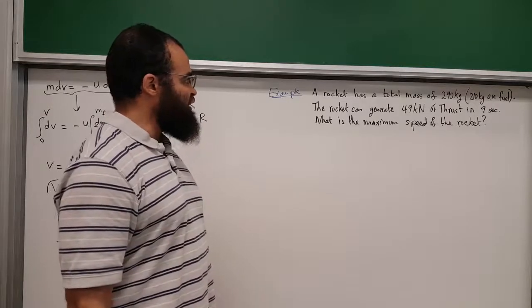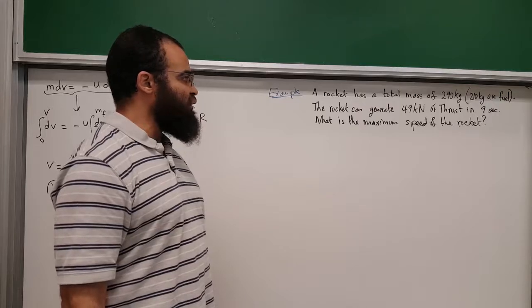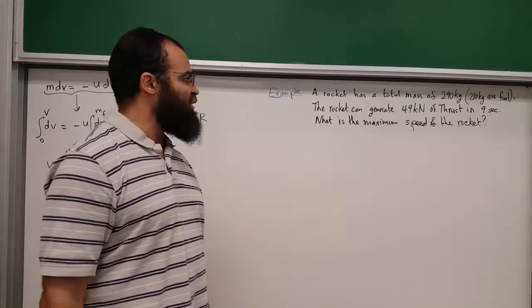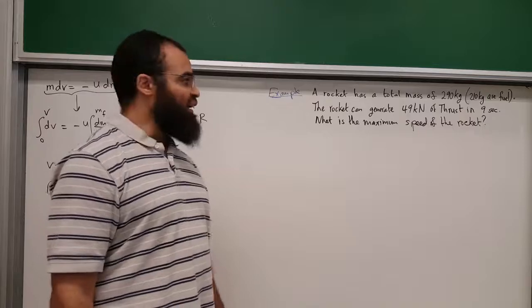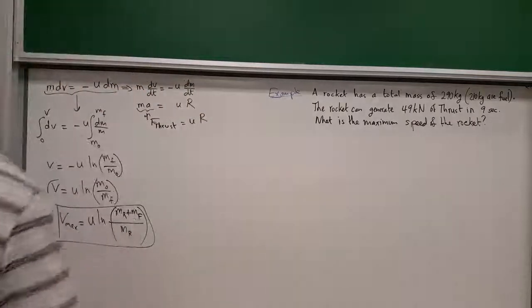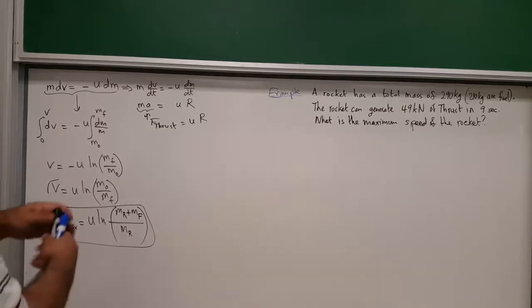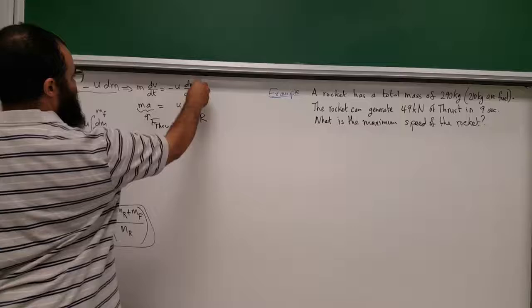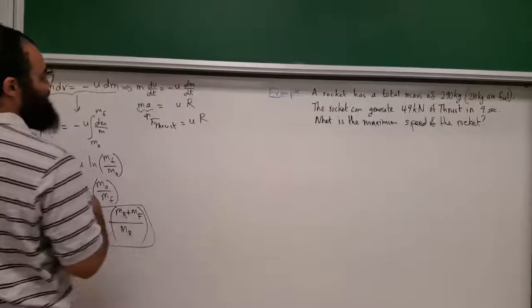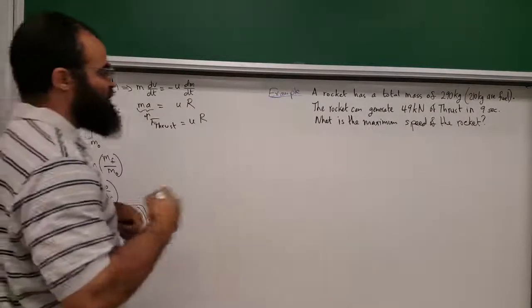It says the rocket can generate 49 kilonewtons, that's 49,000 newtons of thrust, in 9 seconds. So the rocket basically burns through the fuel in 9 seconds. That's 210 kilograms of fuel burnt in 9 seconds. So that will give us R, which is the absolute value of dm/dt, the rate at which you burn fuel.